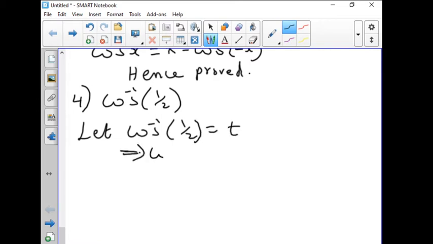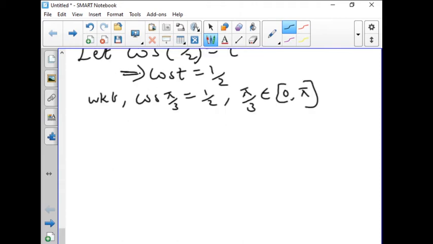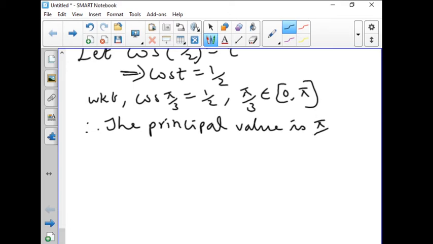Therefore, we get cos t is equal to 1 by 2. We know that cos pi by 3 is equal to 1 by 2, and pi by 3 belongs to 0 comma pi. So the principal value is pi by 3.